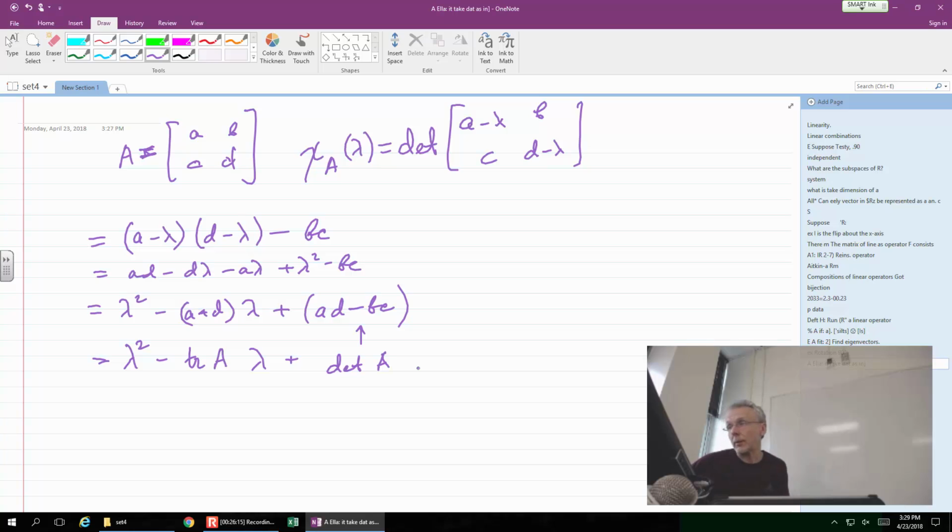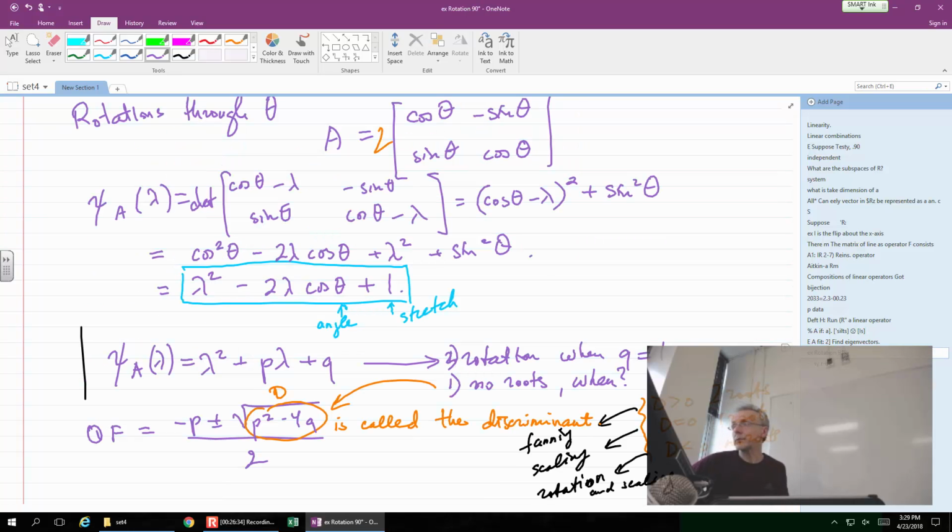So for example, let's look at the determinant for different linear transformations. So, A is rotation. What is the determinant? Go backwards. Look at that matrix at the top. What's the determinant?